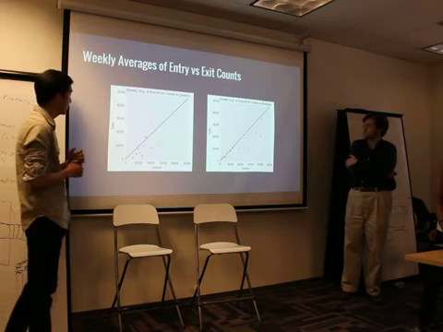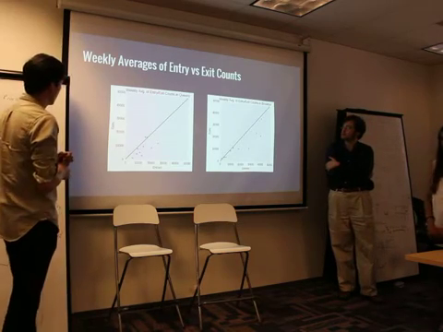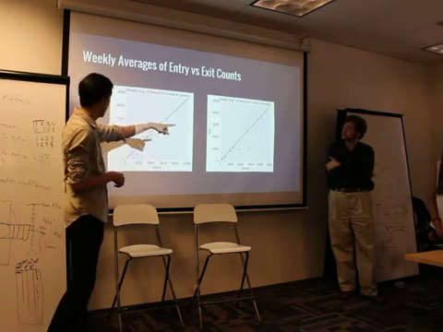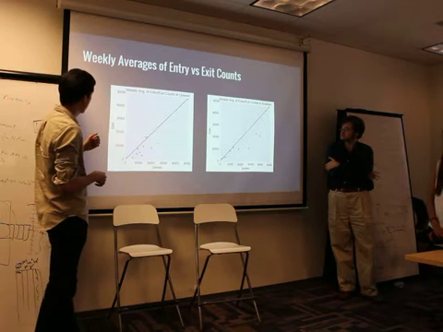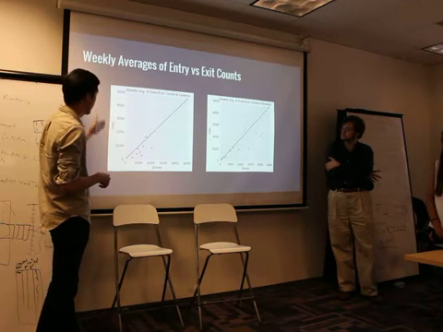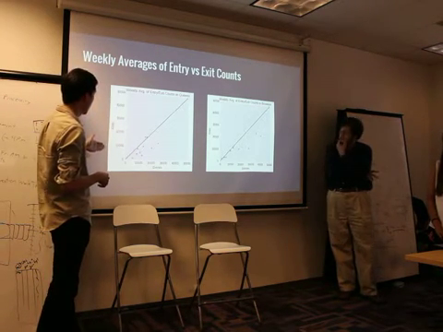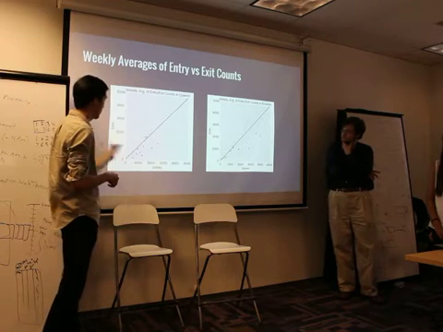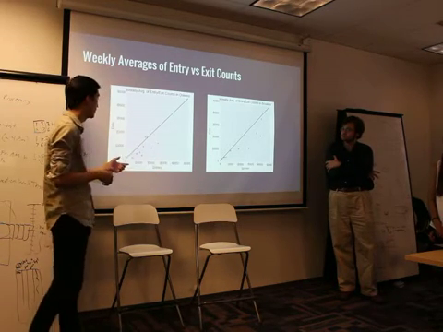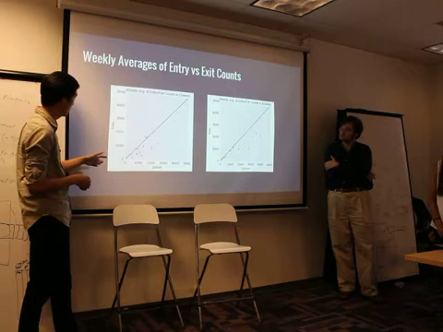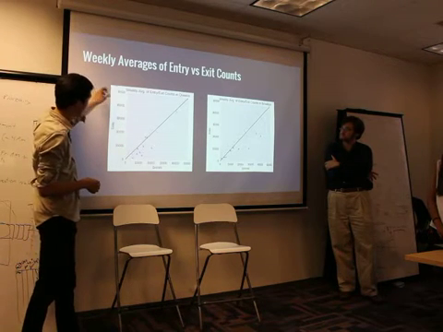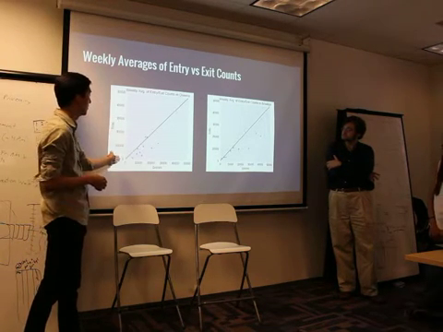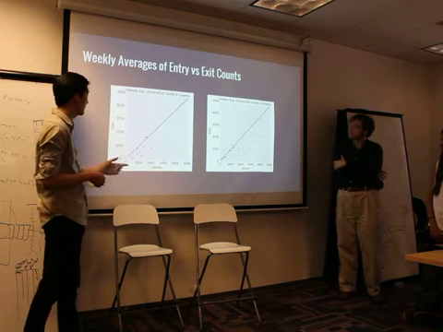And these scatter plots here show, so this is Queens and that's Brooklyn. The y-axis is the number of exits on a weekly average, and the x-axis is the number of entries. Also the scales are consistent, so 50,000 is the limit for each of the axes.